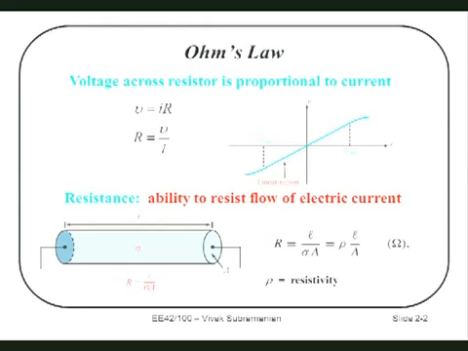In other words, V is proportional to I. That's what Ohm's law says. And in fact, the way we usually write that is V is equal to a proportionality constant called R, which I'll explain in a minute, times I. And R is a proportionality constant, which is called resistance.